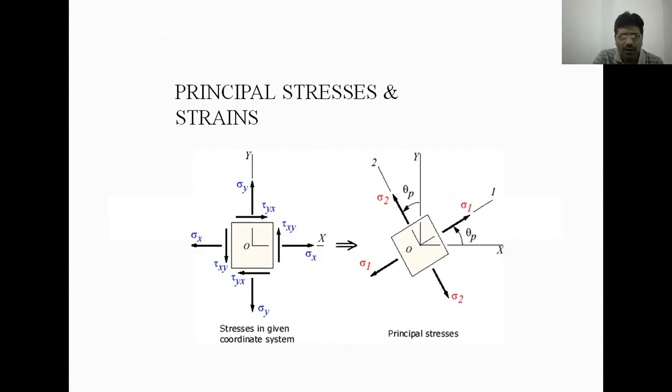One is tau xy, acting vertically upwards, and tau xy acting downwards. Basically, these are the components of a shear stress acting in opposite directions. Similarly, tau yx and tau yx are also components of the same shear stress acting in the opposite direction.